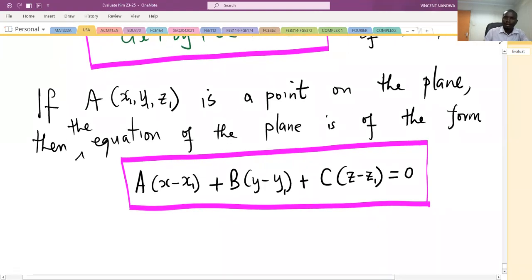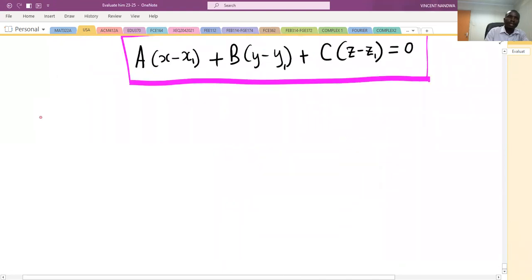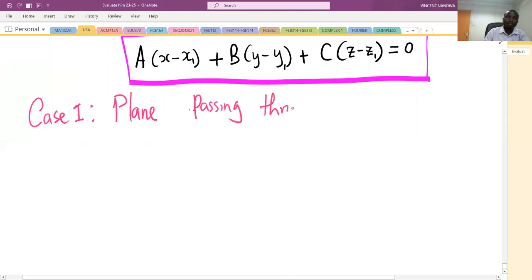So now let's see case 1: plane passing through three points.